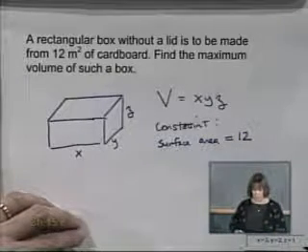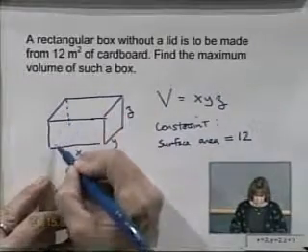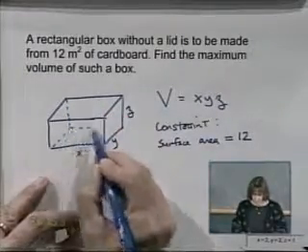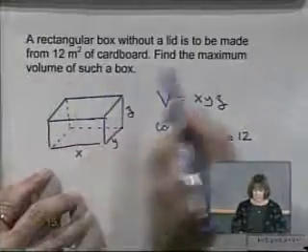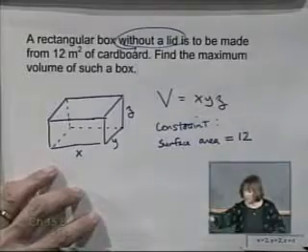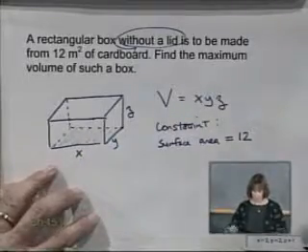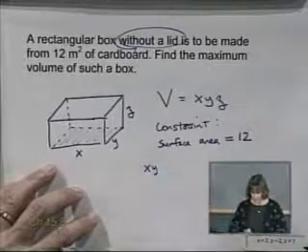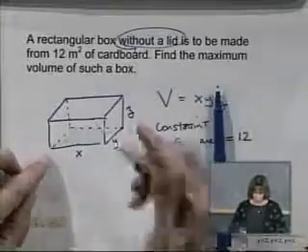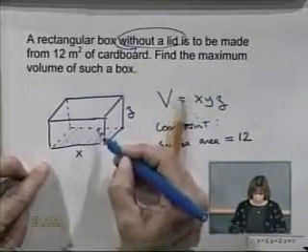Okay, now what's my surface area? Notice, since it's without a lid, we have the bottom. The bottom is right here, so the bottom is x times y. Now I have one front. Notice if from here to here is z, then also from here to here is z.